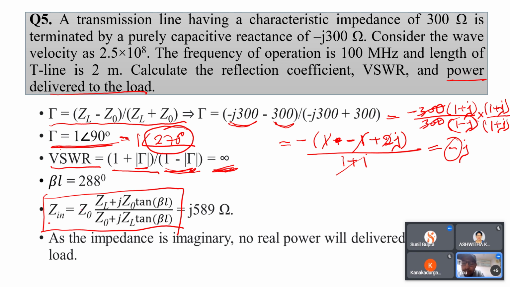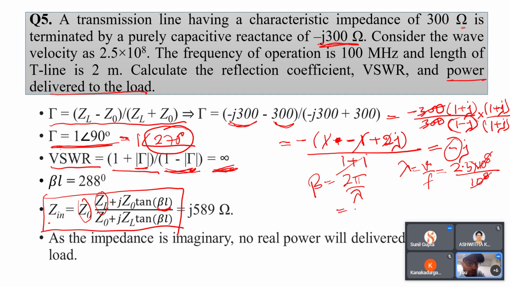So Zin is equal to Z naught, which is 300 ohm. ZL is defined as this. And beta L you can calculate as 2 pi over lambda, and lambda becomes V by F. V is 2.5 into 10 raised to the power 8 divided by 10 raised to the power 8. So this becomes 2.5.